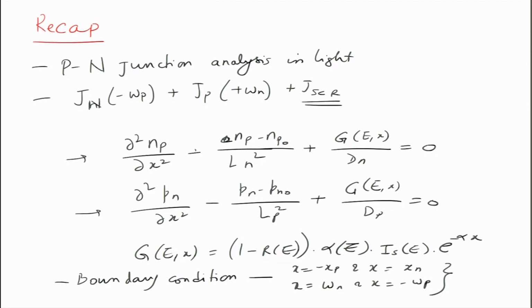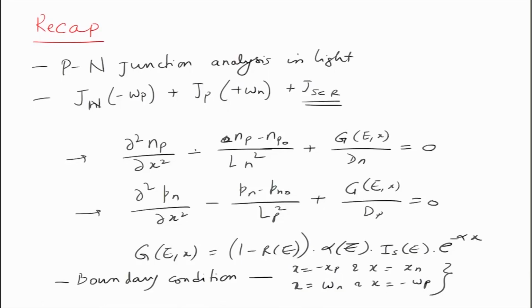So, at x is equal to minus xp and xn we took surface recombination into account, whereas at x is equal to Wn and minus Wp we just took the same concentration of carriers as we took earlier, and that was Ni square divided by Nd into exponential of QVA by kT minus 1 for hole concentration, and for electrons it was Ni square divided by Na into exponential to the power QV by kT minus 1.